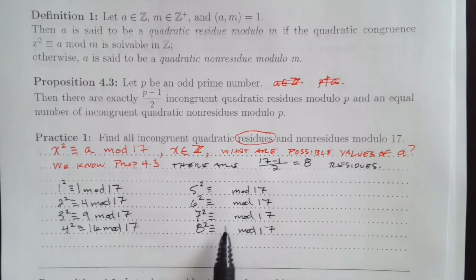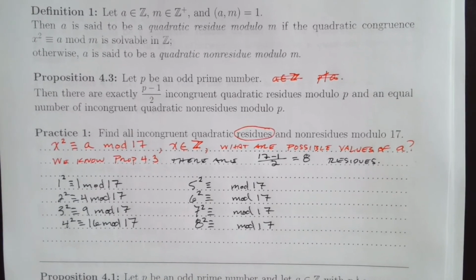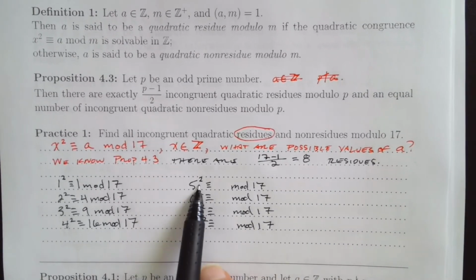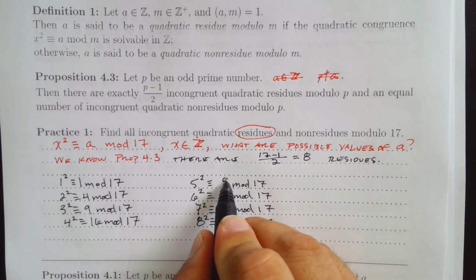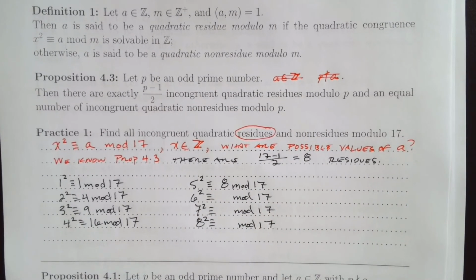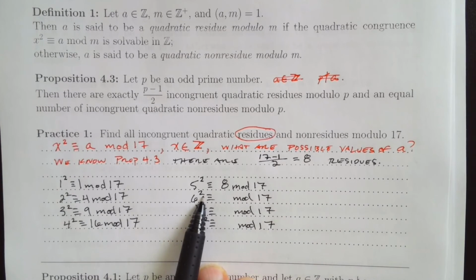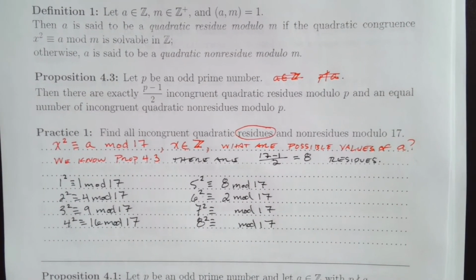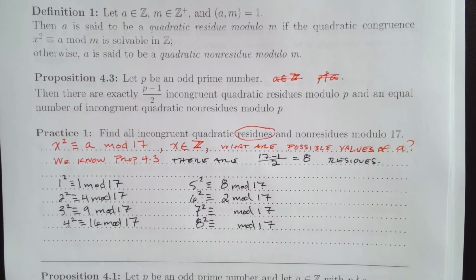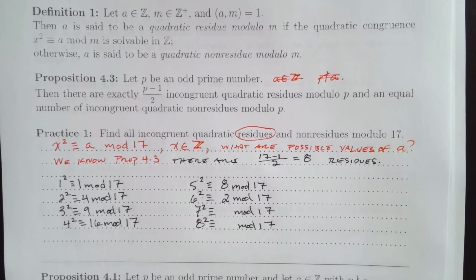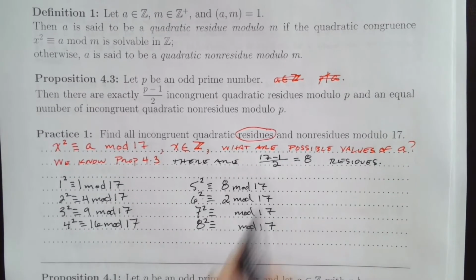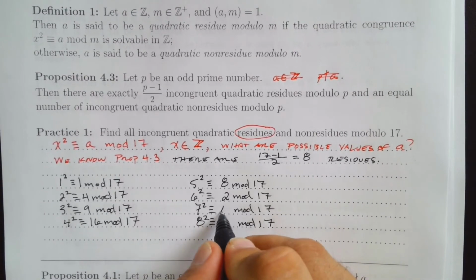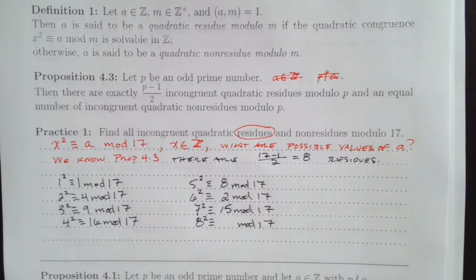Well, 5 squared is going to be 25, and that's 8 more than 17. 6 squared is 36, and that is 2 more than 34. 7 squared is 49, and that is 15 more than 34.